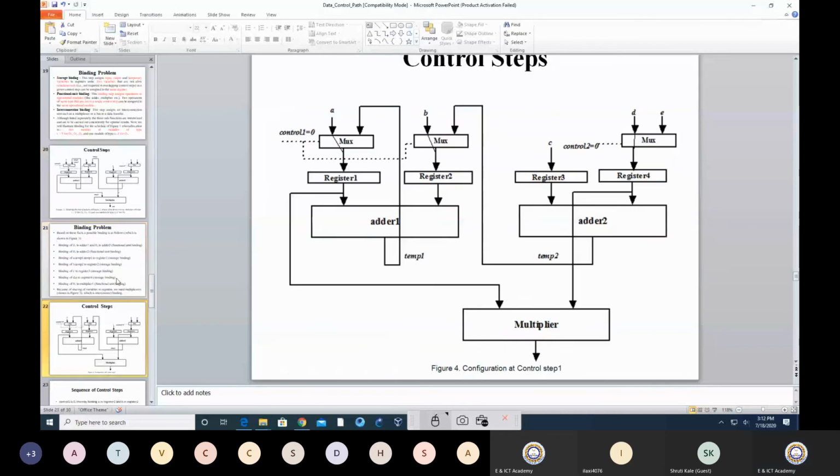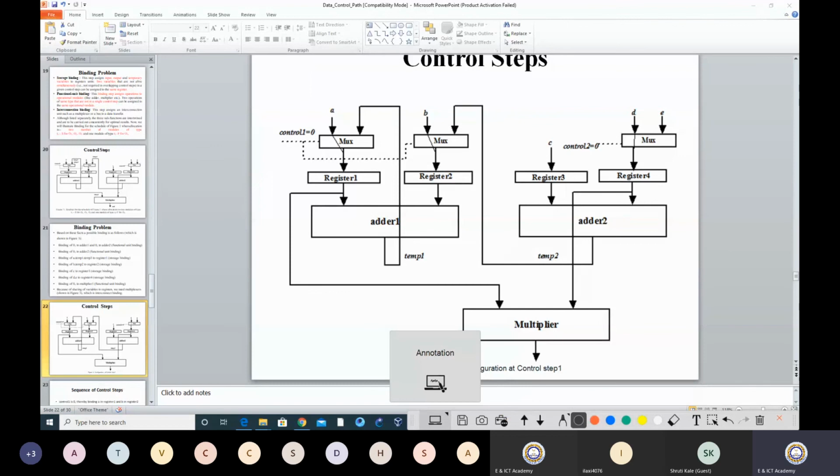Now, what I need to do? I need to think about managing this cleverly, because all the data path modules are there. But now in order to schedule it as per my requirement, I will cleverly generate the control signals. Initially I want A plus B and C plus D to be performed simultaneously.